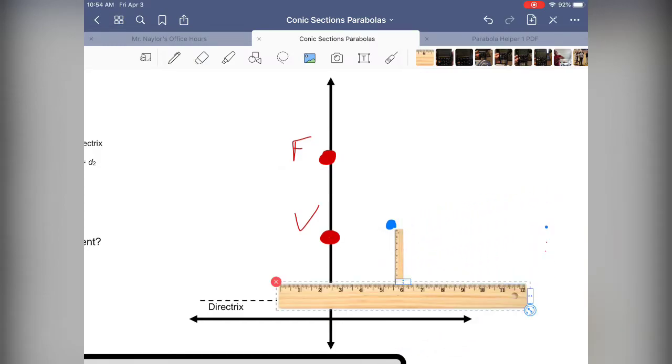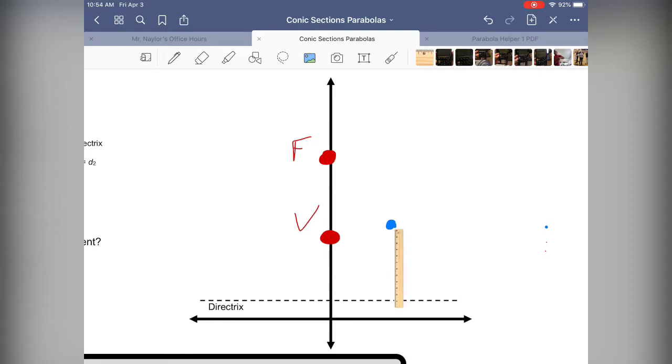Now, whatever that distance might be, you can measure it, and then you want to take your ruler, and you want to see if this distance right here ends up being the same. Okay, now for the sake of what I'm trying to show you in this illustration, let's say that they are. So we have a blue point that is the same distance.